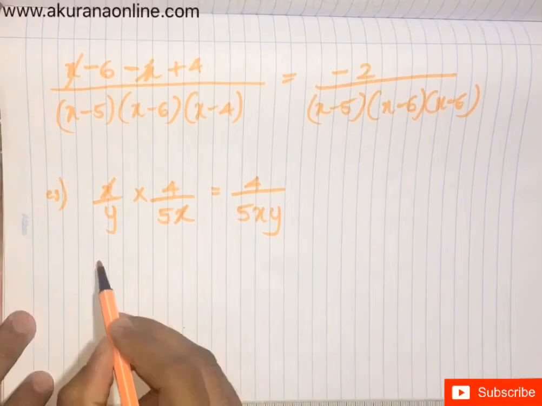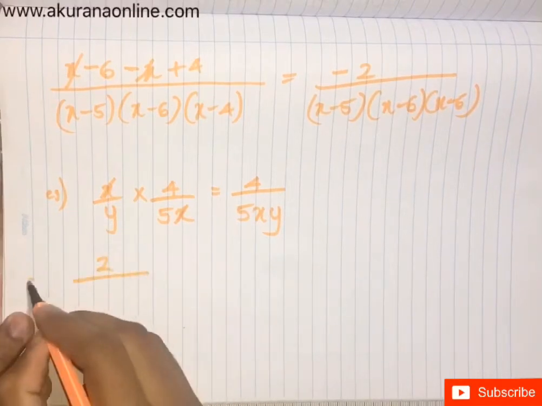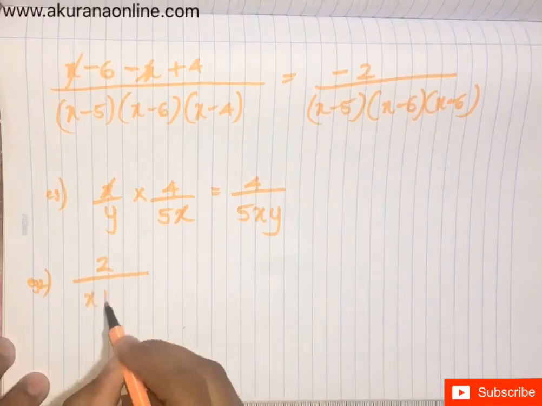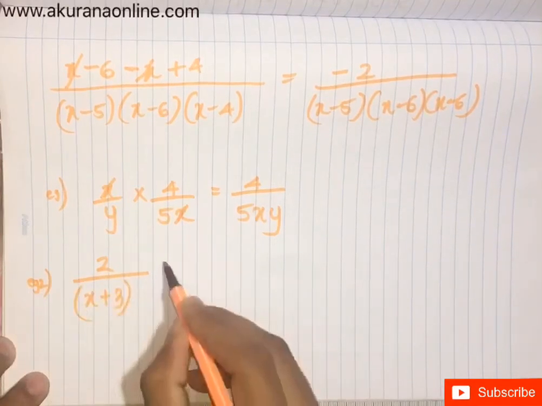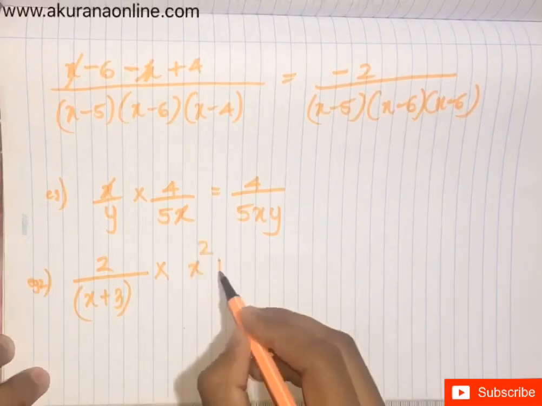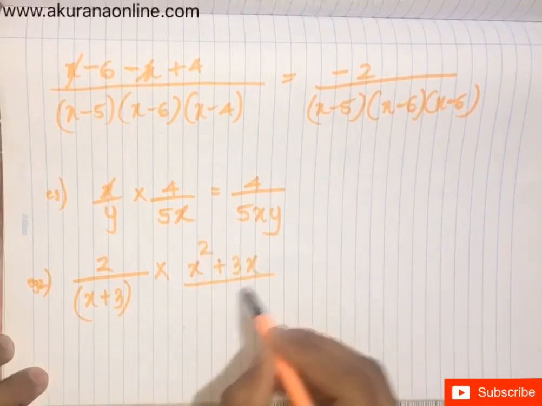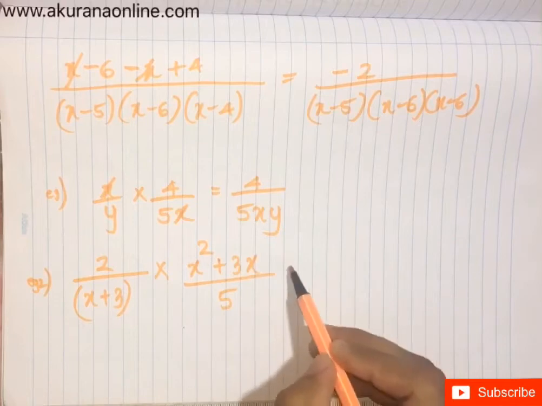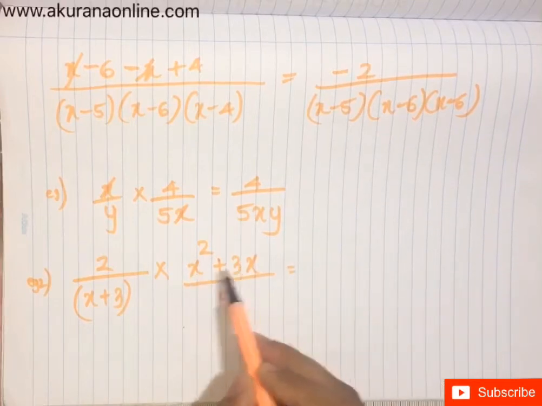The second example: I'll take 2 over x plus 3, and you have to multiply this by x squared plus 3x over 5. Now how do you solve? If you look at these terms carefully, you will see that you can factorize this further, right?